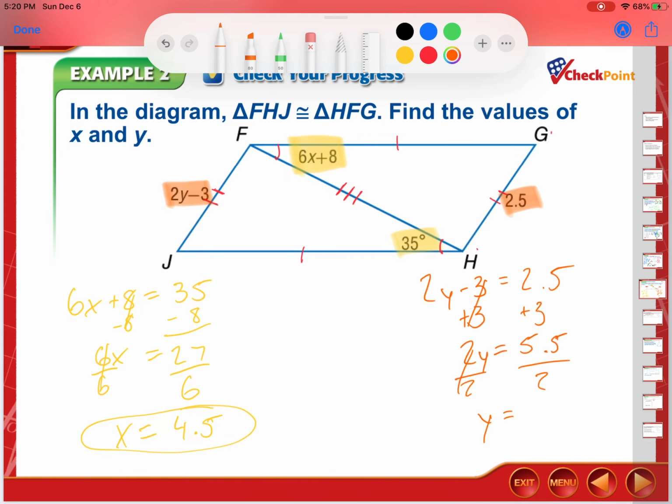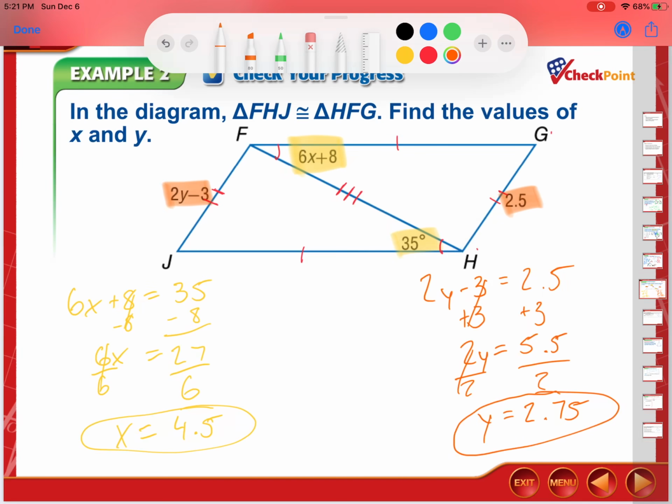So we end up with 5.5 on the right-hand side, and then we need to get that y completely by itself, so we need to divide both sides by 2, which leaves us with y equals... Really? What is it with the decimals today, folks? Why do we have so many decimals? So it's going to be 2.75, I believe. So y equals 2.75.